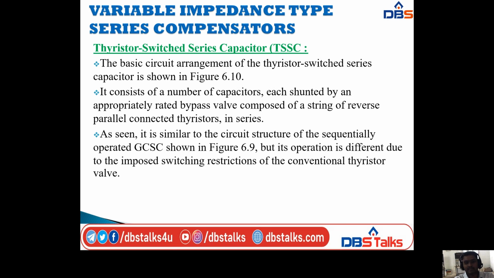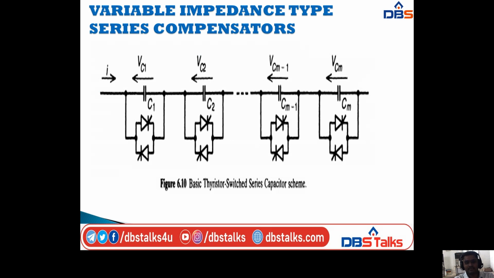So here I am taking the basic circuit arrangement of the TSSC, the thyristor switch series capacitor, shown in this diagram. Here I am taking a bank of thyristor valves, known as switches, M1 to M basic thyristor series capacitor scheme.